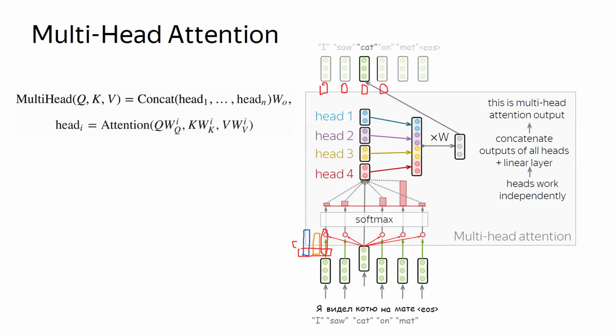Then we apply attention, the formula from before, when we calculate scores and average with weights. And we calculate one head. After that, we concatenate all the heads and apply another linear layer, and this is the output embedding.